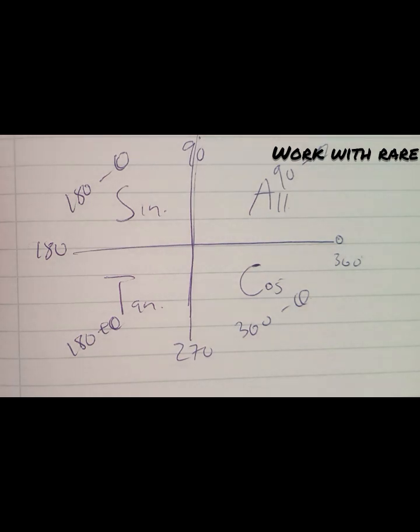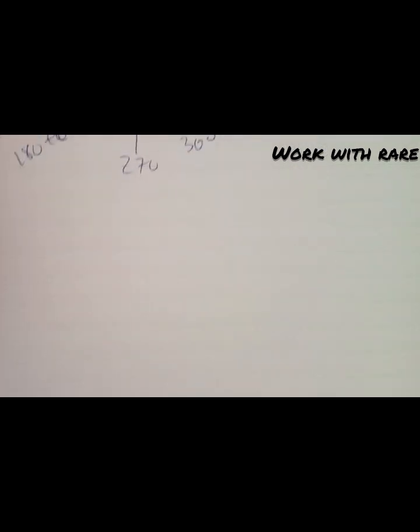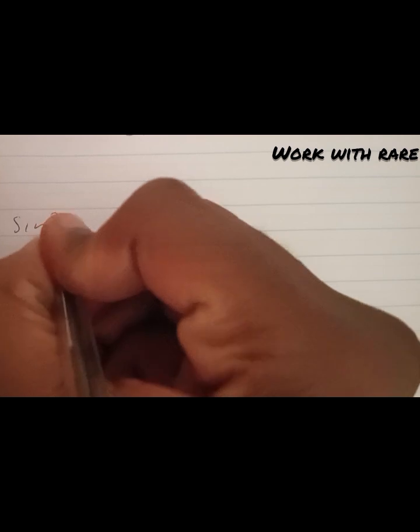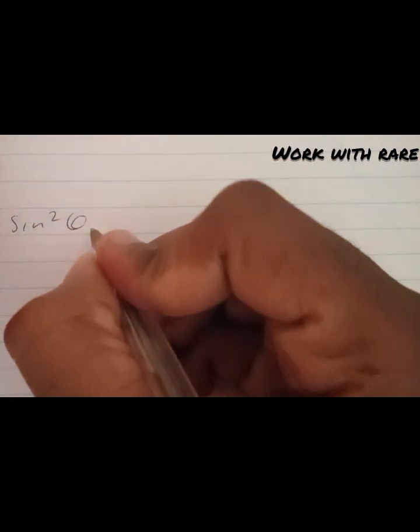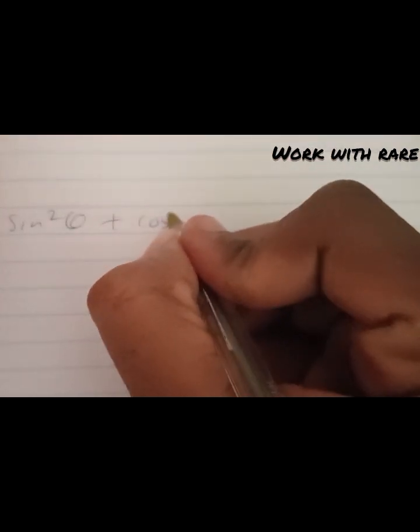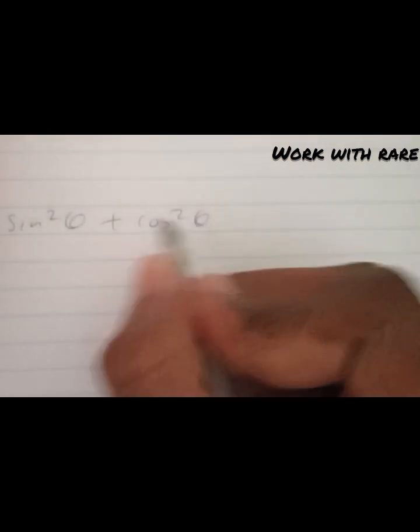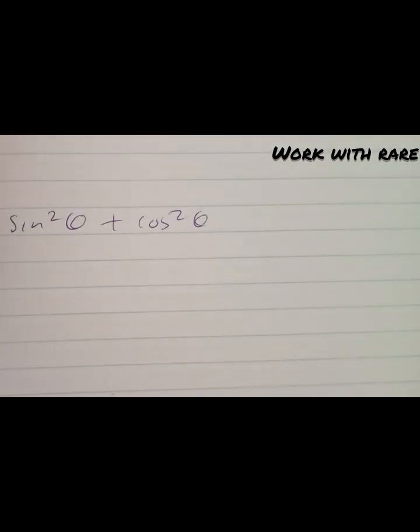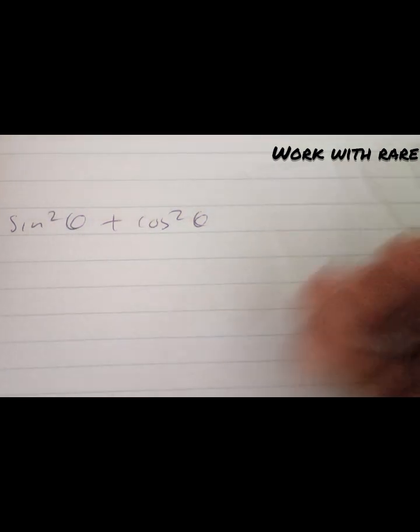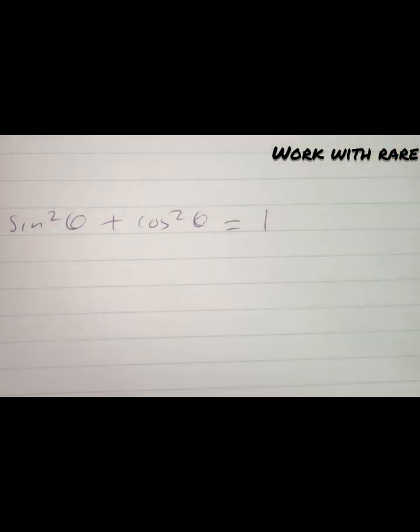And the other thing that you should know is sine squared plus cos squared. Regardless of whether it's beta, alpha, x, y, it doesn't matter, as long as sine squared plus cos squared is equal to 1.